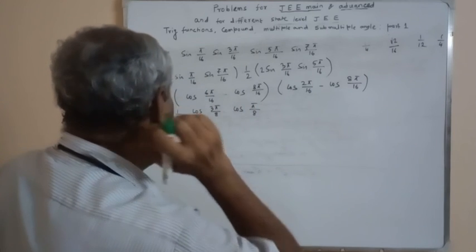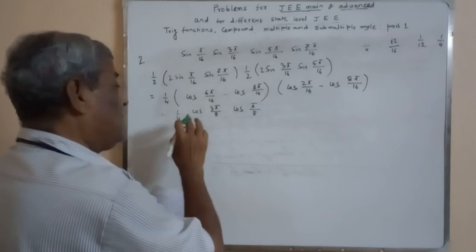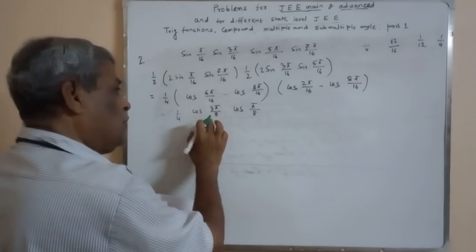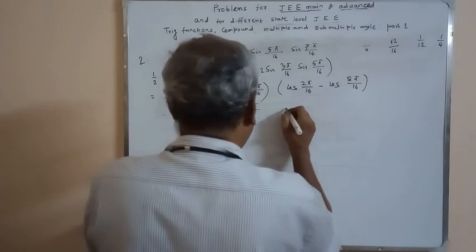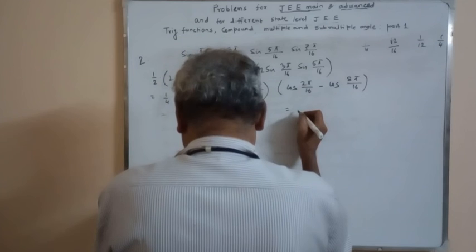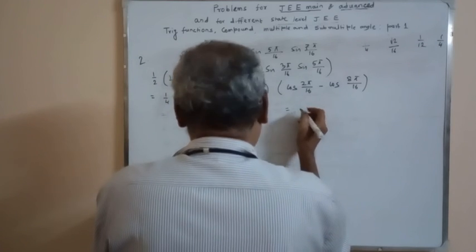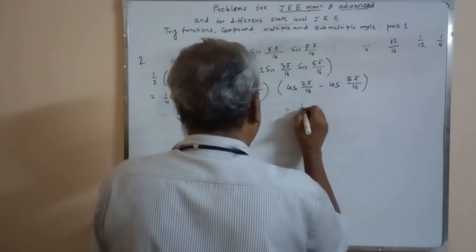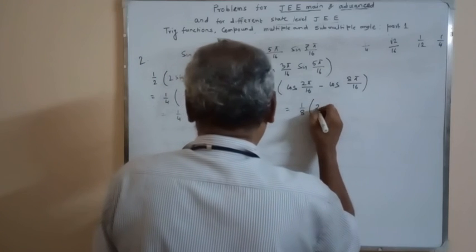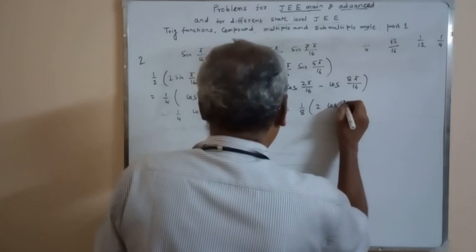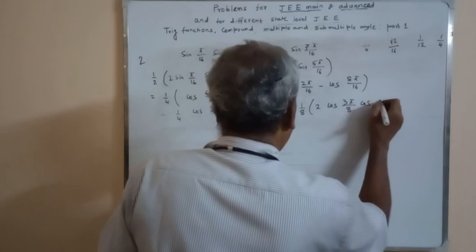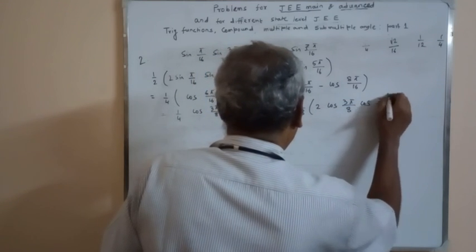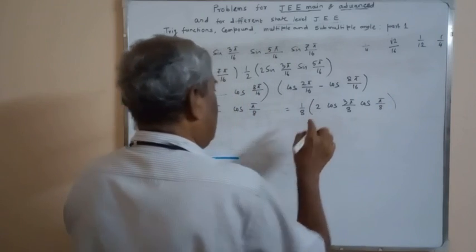So now it becomes of the type cos A into cos B. Its formula: 1 by 8 into 2 cos of 3 pi by 8 into cos of pi by 8, this adjustment.